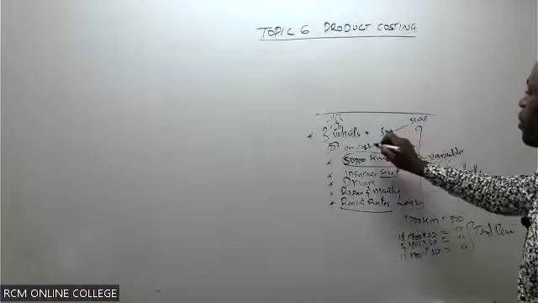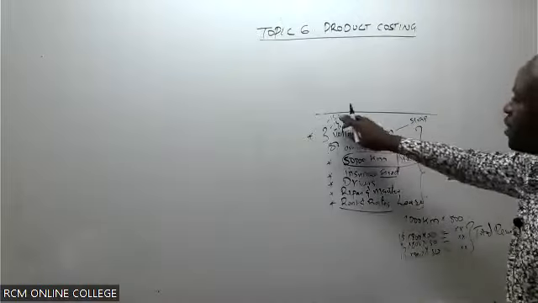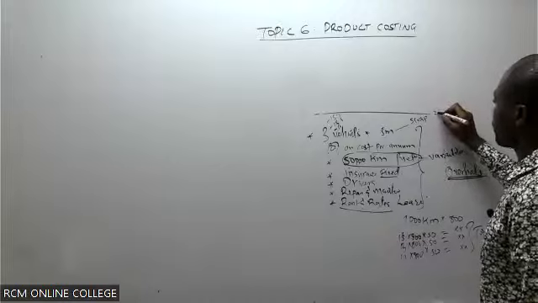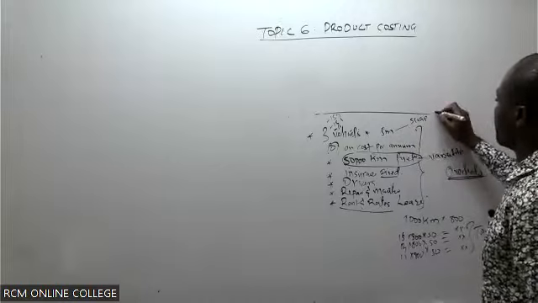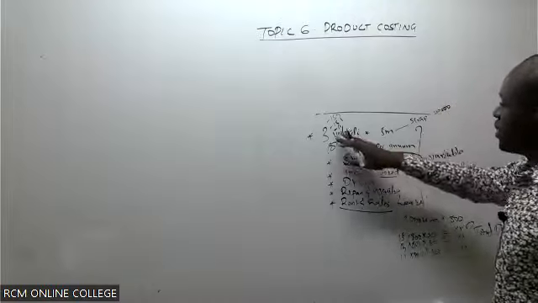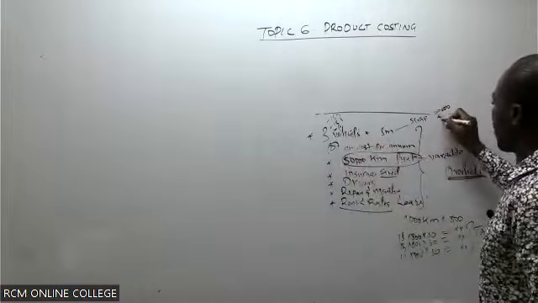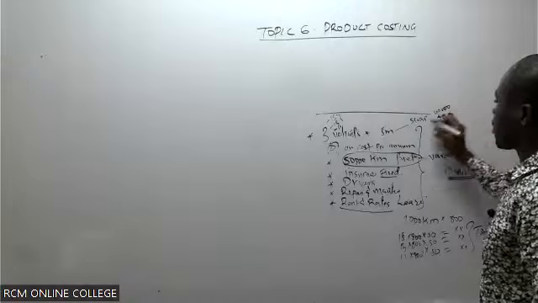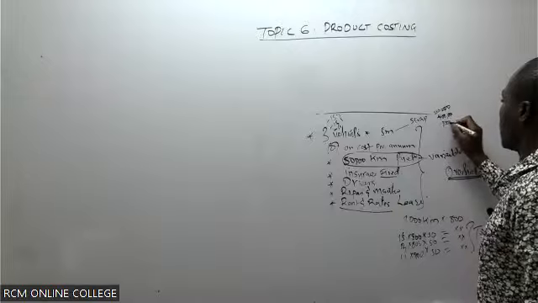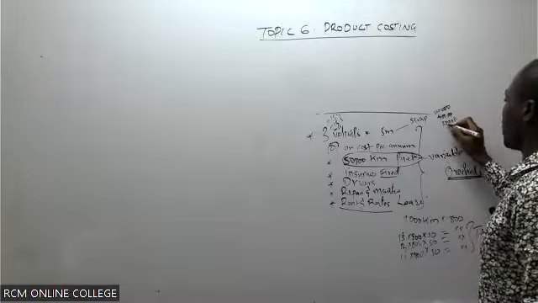The scrap value of the 15-seater may be, let's say, 500,000. Then the 13-seater can be even 400,000, and this other one can be even 150,000 or 200,000, something of that kind.